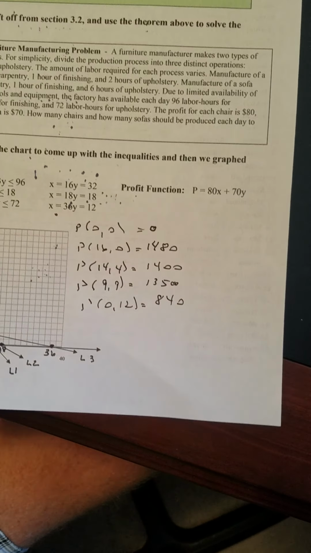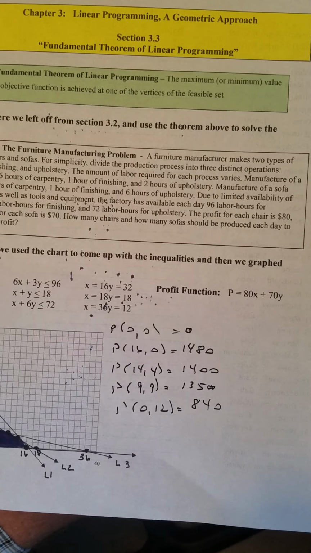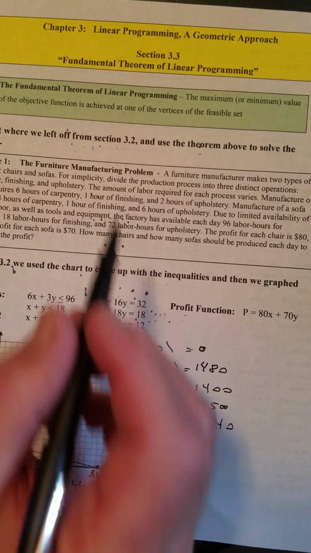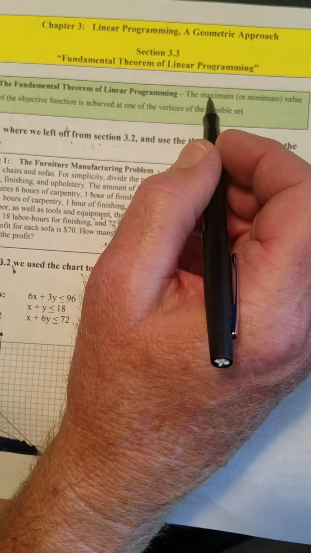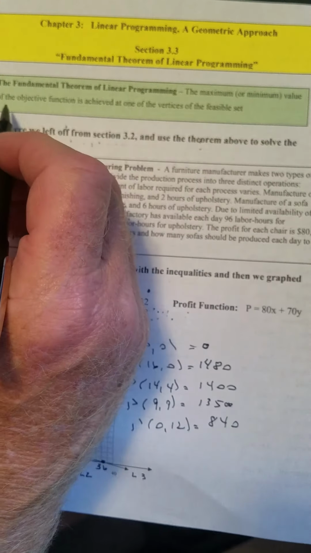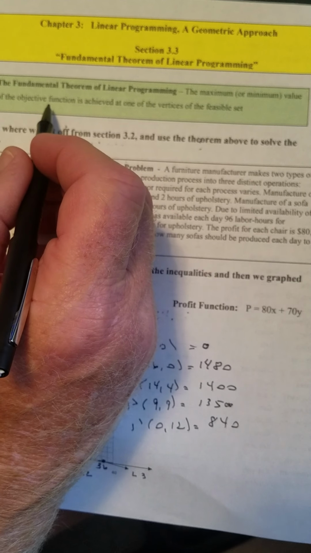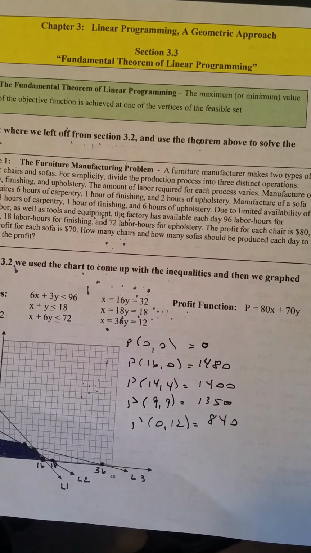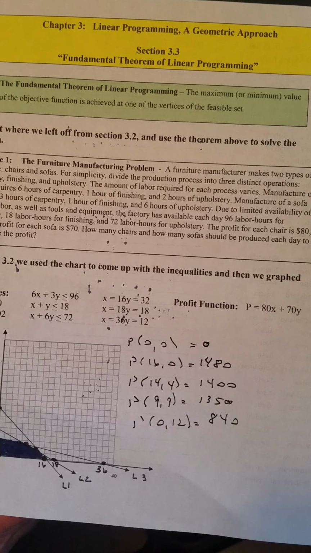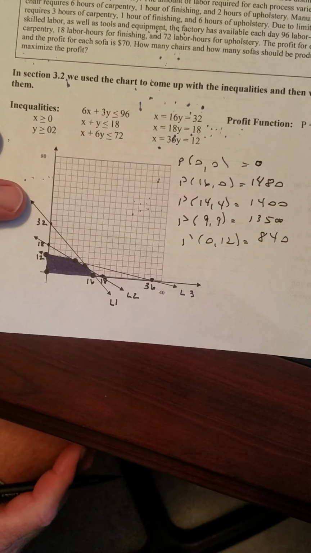Okay, so now let's go back up here. Let's look at that theorem. I told you we'd come back and look at it. The fundamental theorem of linear programming: the maximum or minimum value of the objective function is achieved at one of the vertices of the feasibility set. Okay, let's put it in terms that you know.